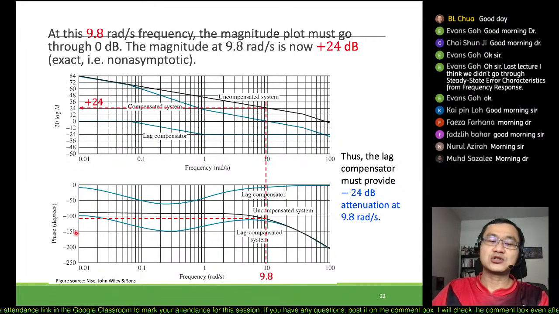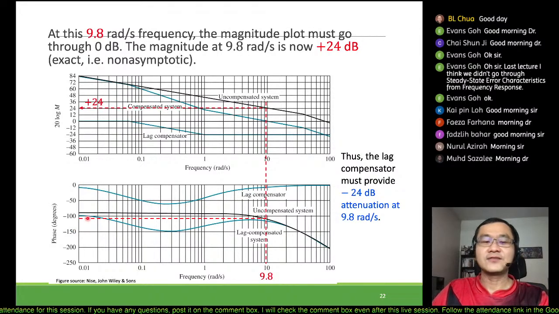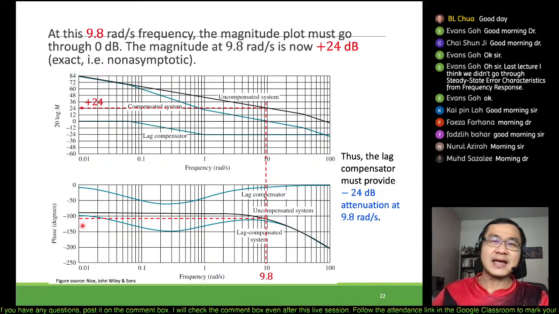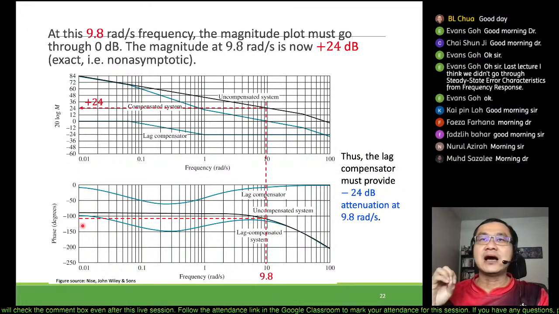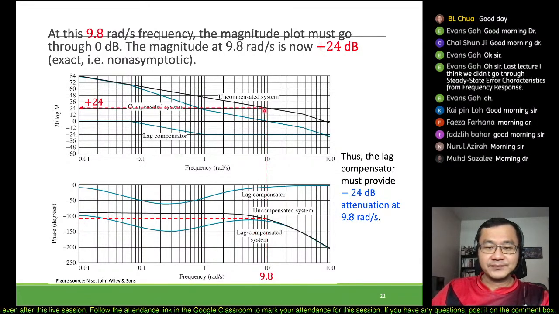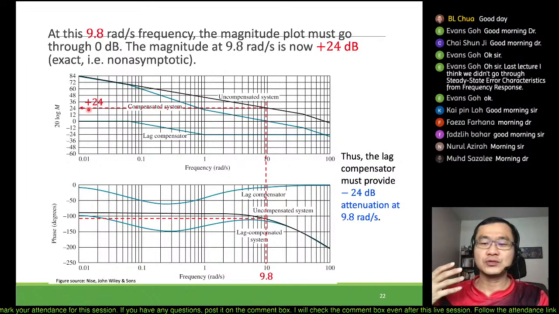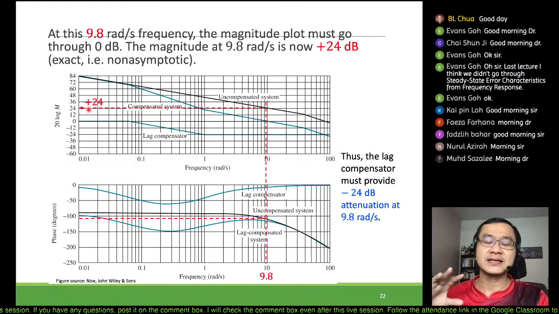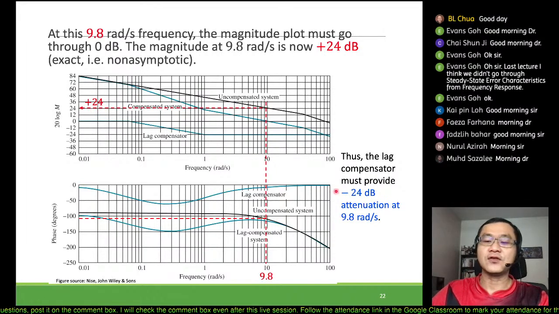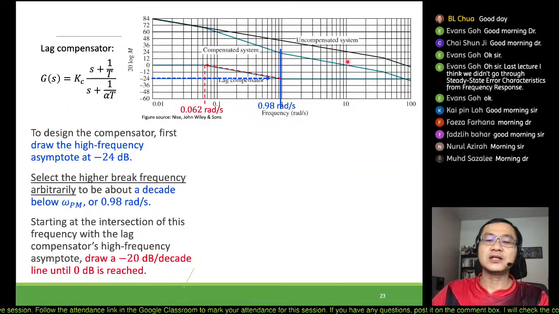Because when we adjust the phase margin by adding the 10 degrees into our design, it causes this to increase. So in order to design the lag compensator, we have to provide a suppression of minus 24 dB at 9.8 radian per second. So how can we suppress this 24 dB?